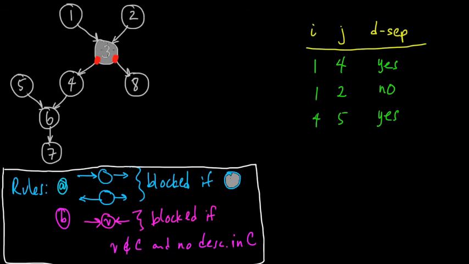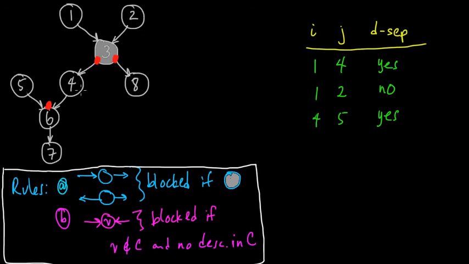This one, 3 is in C, so we don't need to indicate that. But 6 is not in C and has no descendants in C. So maybe we'll put a little red stop sign between these two here. So you can't go through 5, 6 to 4 or 4, 6 to 5.